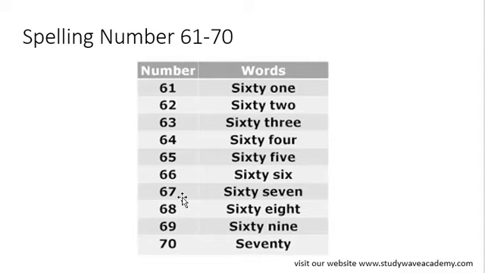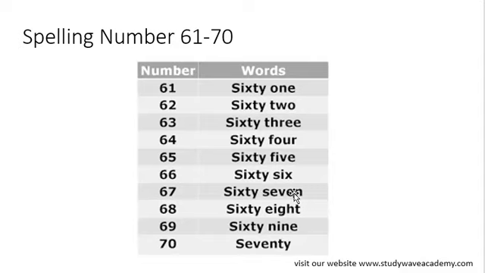Okay, so let's spell SIXTYSEVEN, 67. That is how we spell 67. The number 67 is spelled SIXTYSEVEN, 67. Okay?